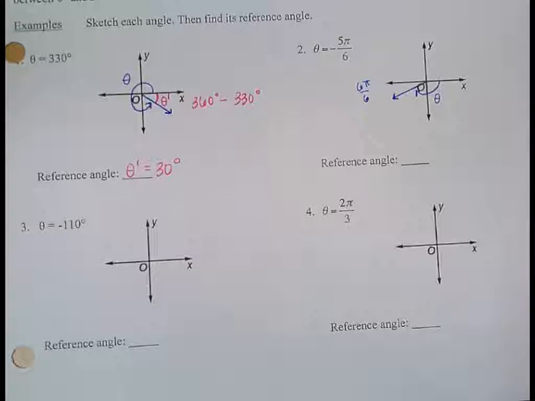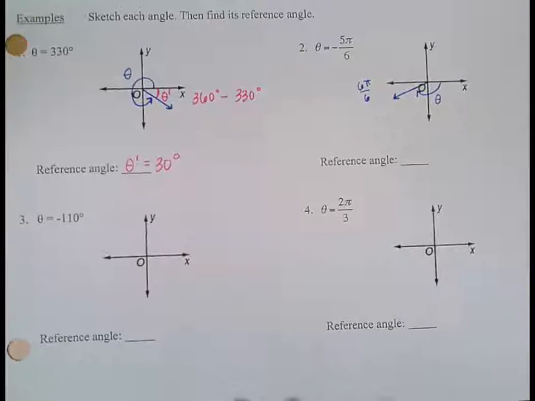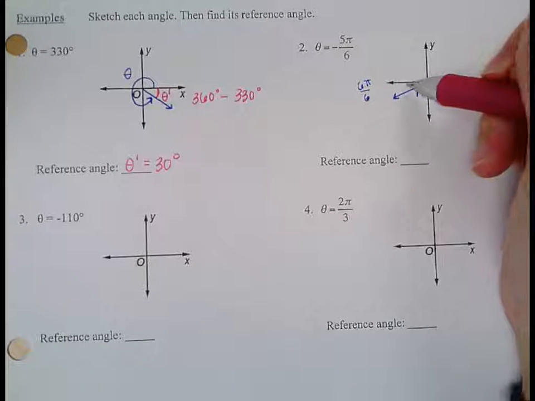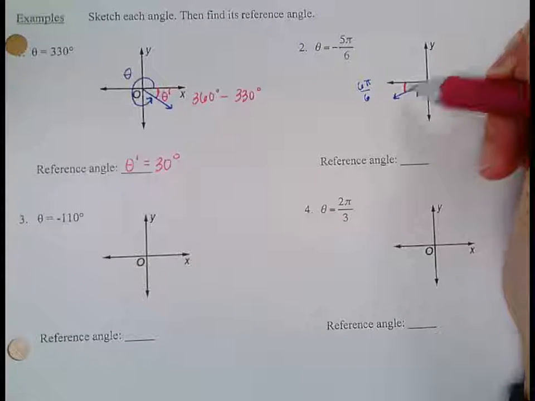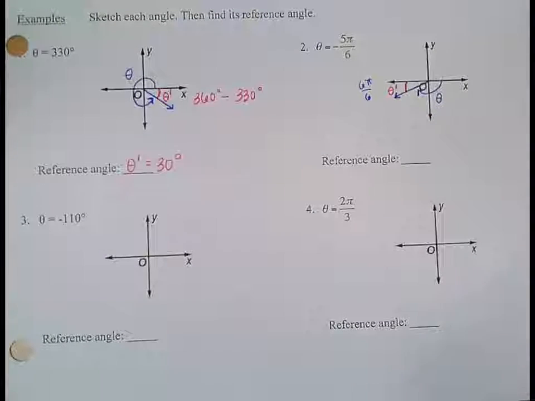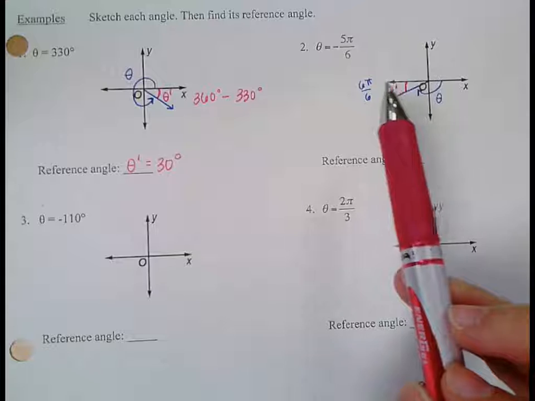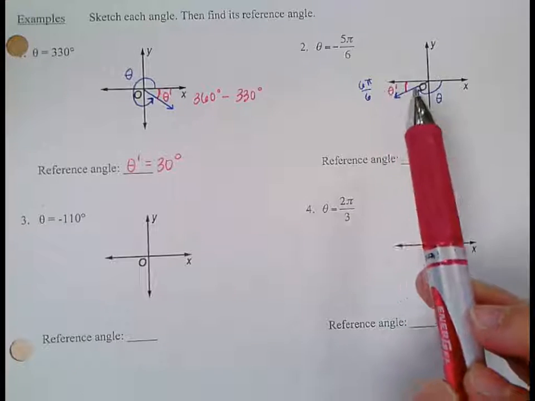So this is theta, meaning the terminal side is in quadrant 3. And that means this acute angle here between the terminal side and the negative x-axis is theta prime. And now, well, anybody have a guess as to what theta prime is?